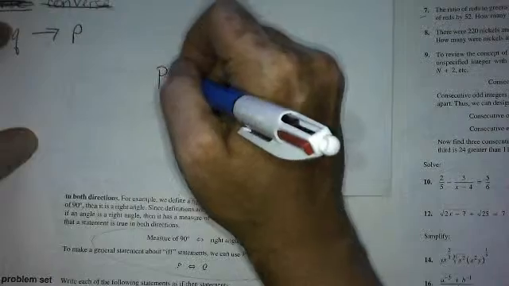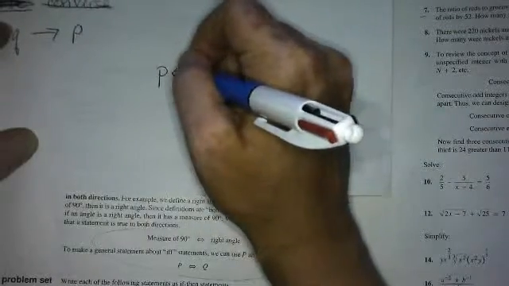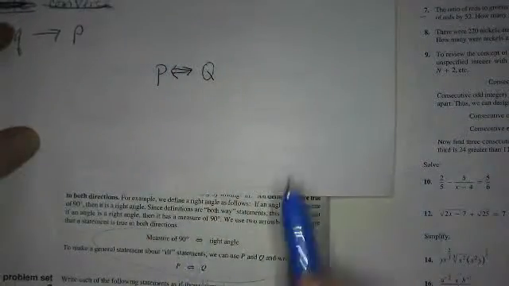Well, this goes both ways, because I can say if it's a right angle, then it has 90 degrees. So there's a notation for it, and it looks like this. And we say iff, I-F-F, or if and only if. So that's on the bottom of your lesson 7. Okay, so you learned contrapositive, inverse, converse. I got to end it.